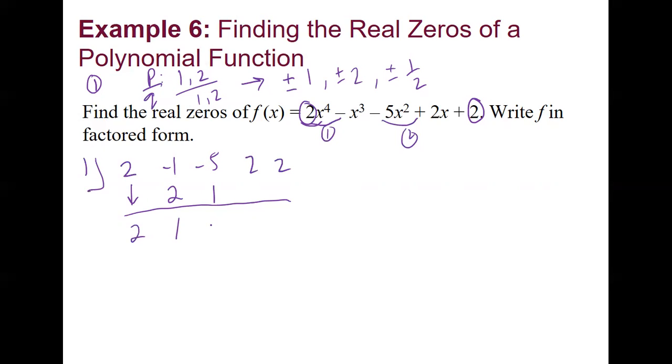Negative 5 and 1 is? 1 times negative 4? 2 and negative 4 is? 1 and negative 2 is? And this makes 0. So that tells me that this is a factor. Yay. So we know that x minus 1 is one of our factors. Check.